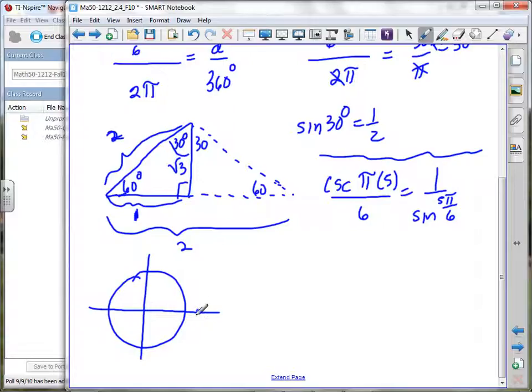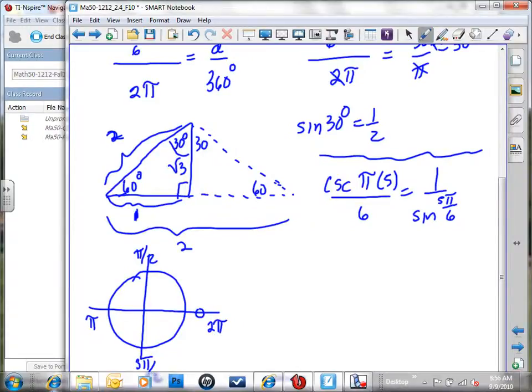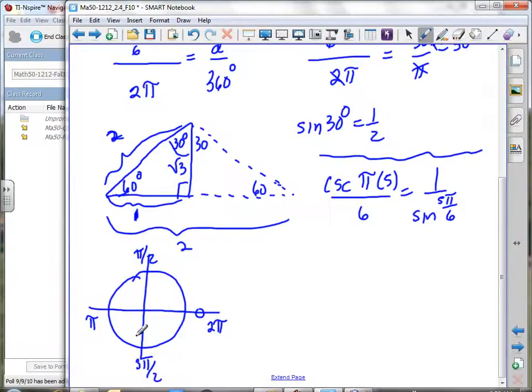This is 0, and this is pi, and this is pi divided by 2, and this would be 3 pi divided by 2, and wrapping all the way around, this is also 2 pi over here. So where's the terminal side of the angle that starts here and opens counterclockwise, 5 pi divided by 6, in the second quadrant? It opens up to something over here. So that's our angle, 5 pi divided by 6.